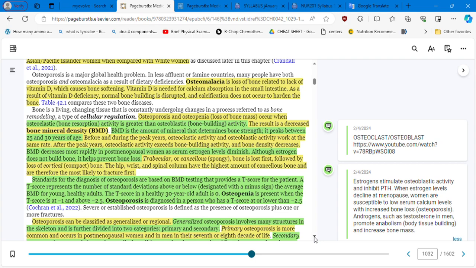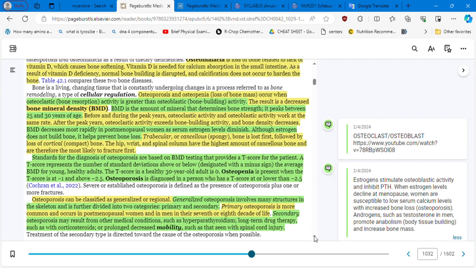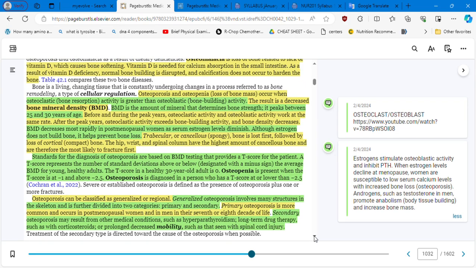We're talking about the serum calcium levels now, with increased bone loss, osteoporosis. Okay, so we know that osteoclast is causing metabolization, which causes the release of calcium into the serum, and osteoblast is the one who gives birth to new bone cells.